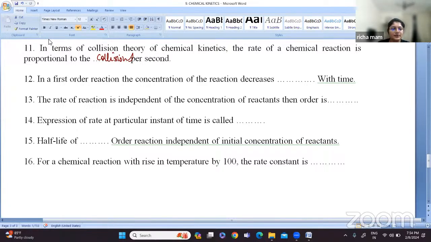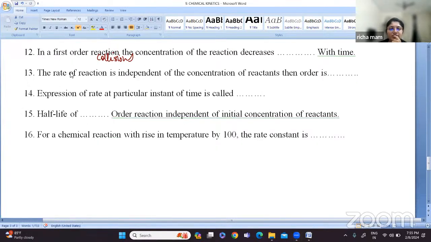Yes, increases. In the first order reaction, the concentration of the reactant decreases with, I think there is some, okay. We'll switch to the next question. Okay, so there are some missing words.